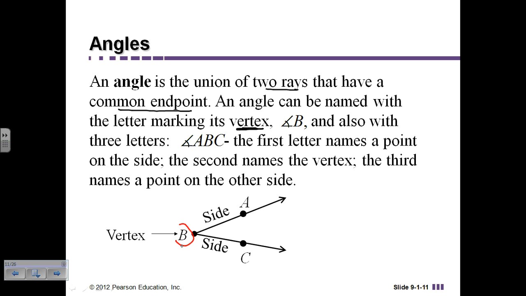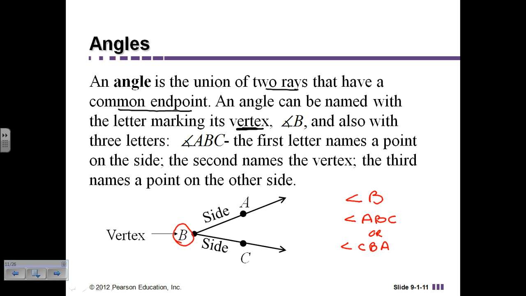So I can call this angle B, and a lot of times I might just write the symbol angle B. Or I can name this angle by naming the letters on the sides and going either clockwise or counterclockwise. So I could say angle ABC, or angle CBA.